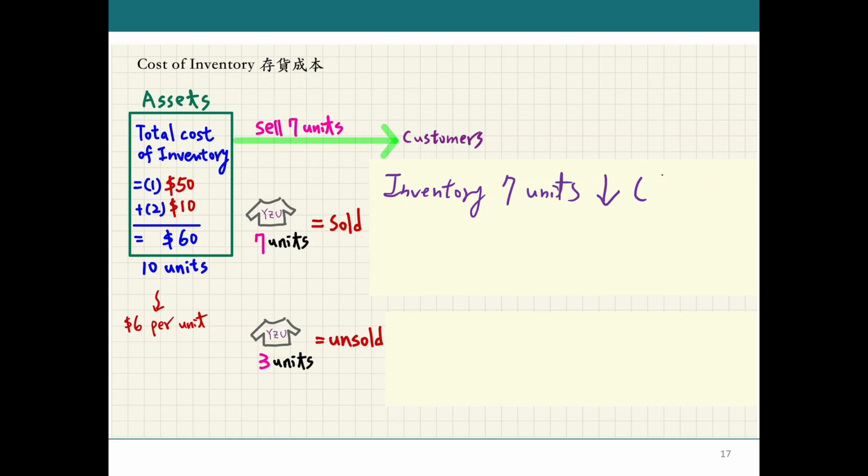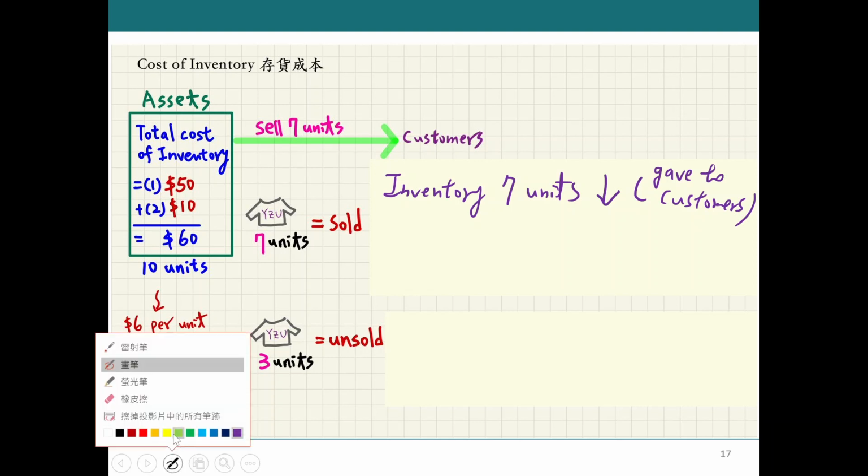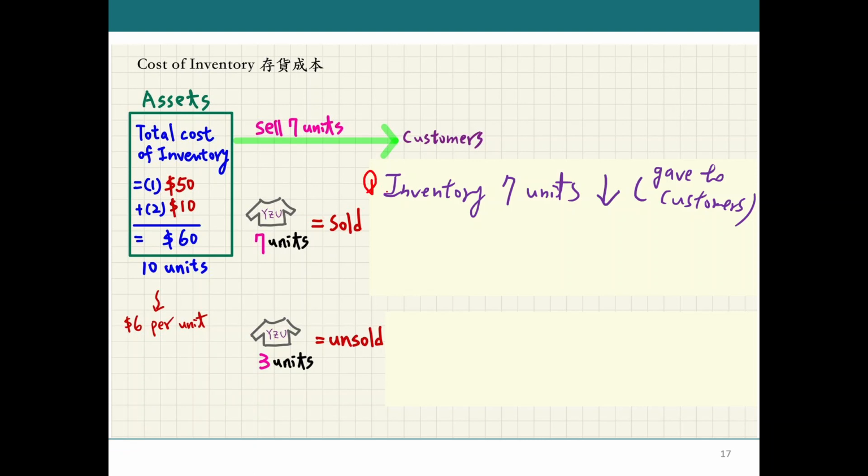Why is that? Because you gave it to customers. So what's your first effect? When you sold to customers, your t-shirt inventory decreased because you gave it to customers.